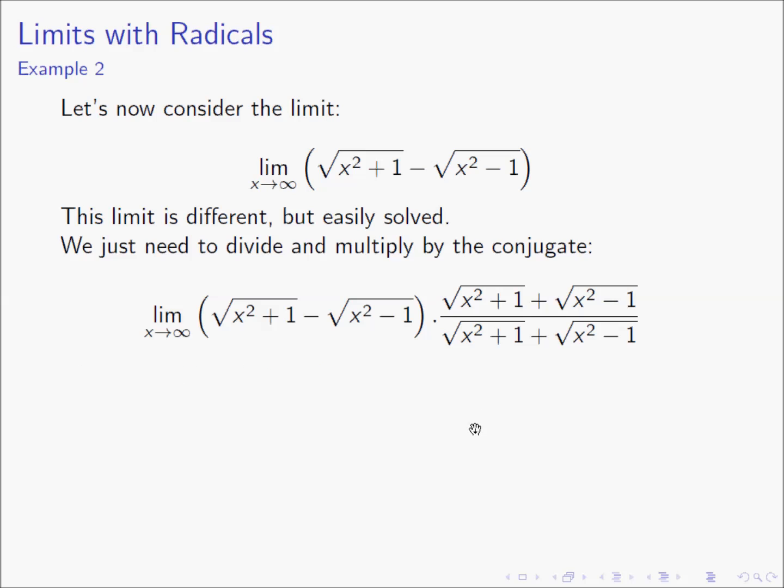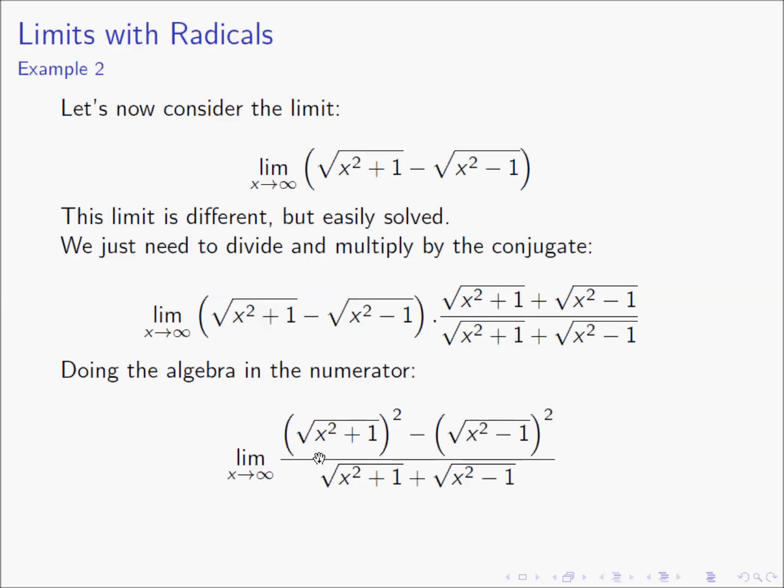Doing the algebra in the numerator, if we multiply these two factors, we get this difference of squares. That's why we also multiply by the conjugate, because when you multiply these two conjugates, you get the difference of squares.